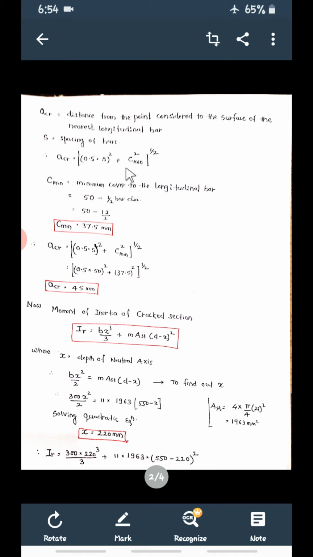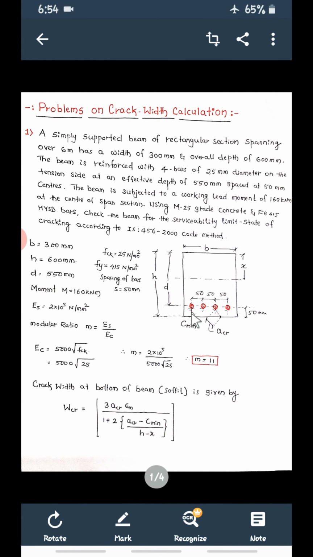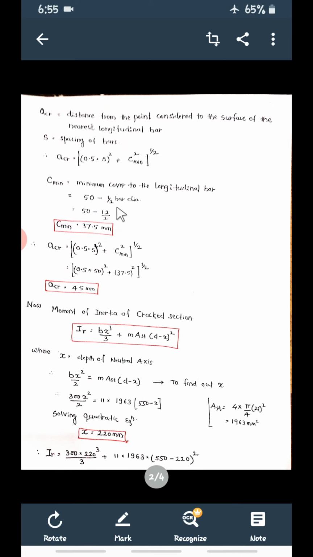But here first we have to calculate c minimum. So what is c minimum now? c minimum is from the bottom of this bar to the bottom surface of the beam. So this is c minimum. Now from the center of bar to bottom is how much? 50. Okay, so from center to bottom surface of beam is 50. So 50 minus half the bar diameter will be 37.5, that is c minimum.